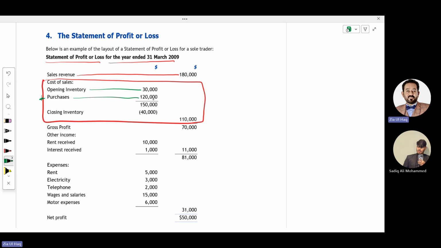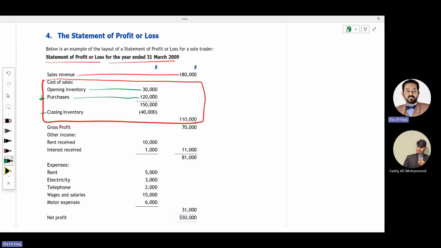During the year we purchased 120, altogether how much? 150, minus what inventory was left at the year end, meaning closing inventory in your warehouse, that is 40,000. So how much inventory have we sold? 110. Meaning the cost of inventory sold is 110.